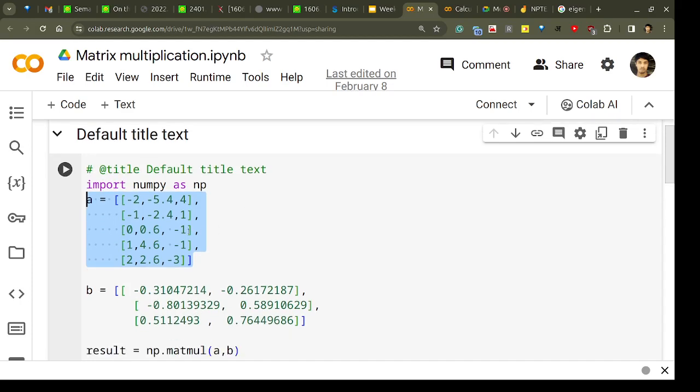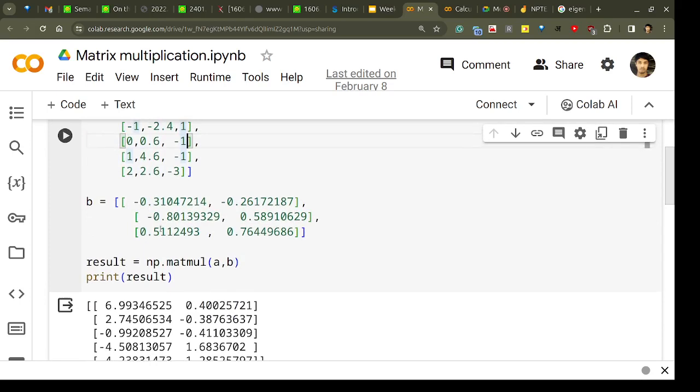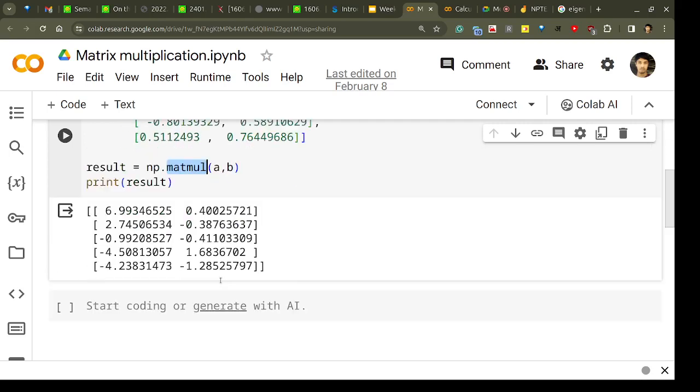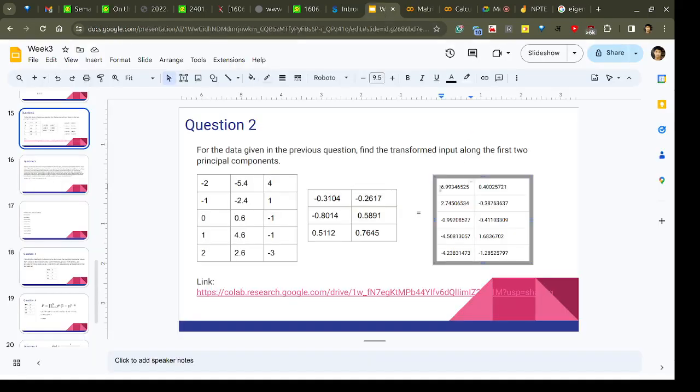First eigenvector, second eigenvector, then we are just multiplying with np.matmul, which is used for matrix multiplication. After matrix multiplication we are getting this 6.9934, this one. This is the result after transforming into the first two principal components.